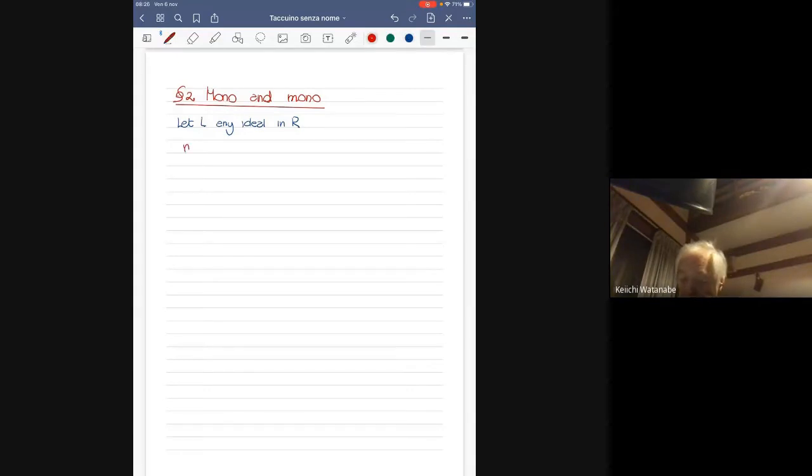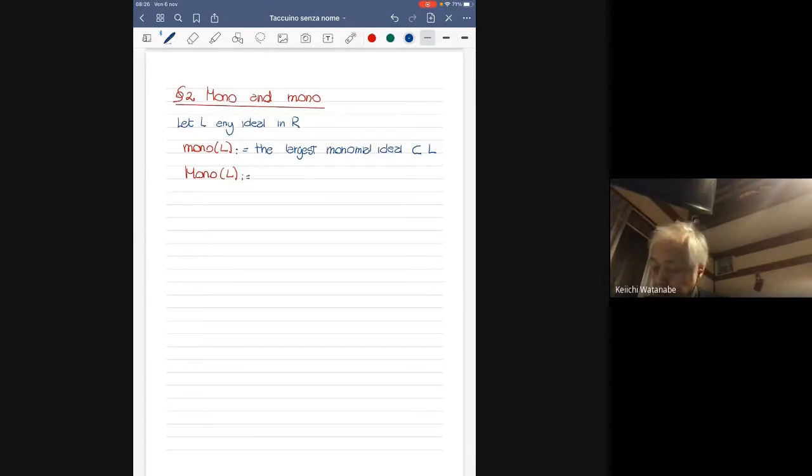And I want to define the mono of L and the big mono of L. So the small mono of L is the largest monomial ideal contained in L, by definition.